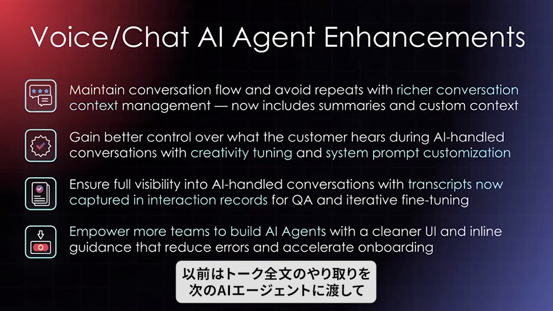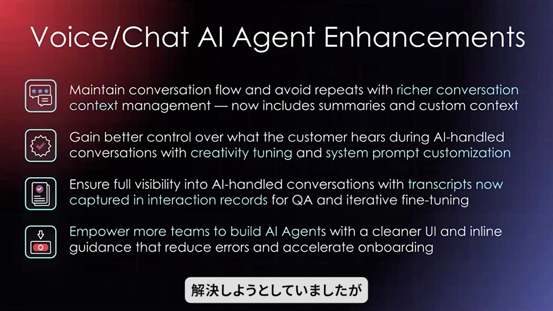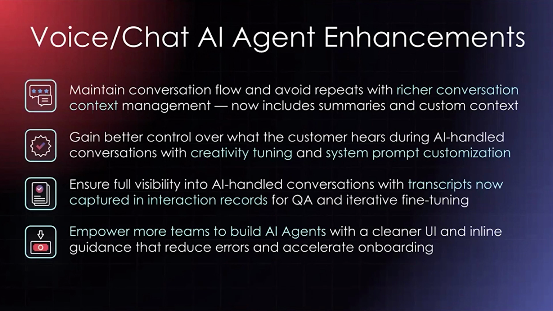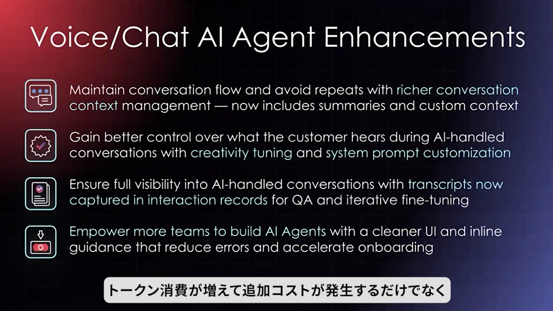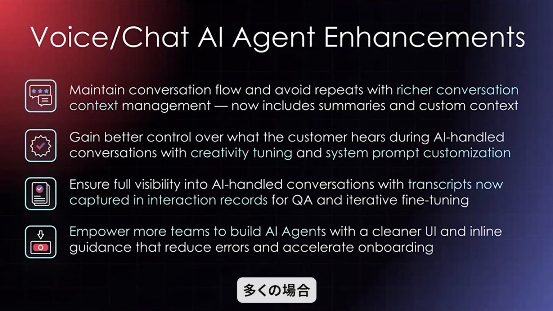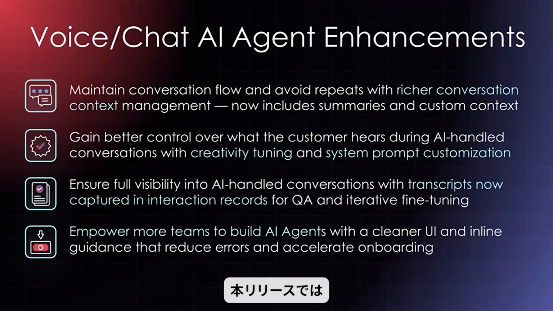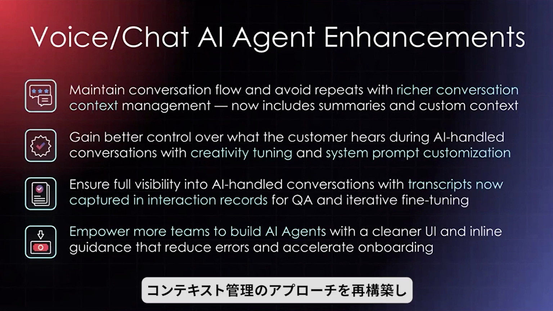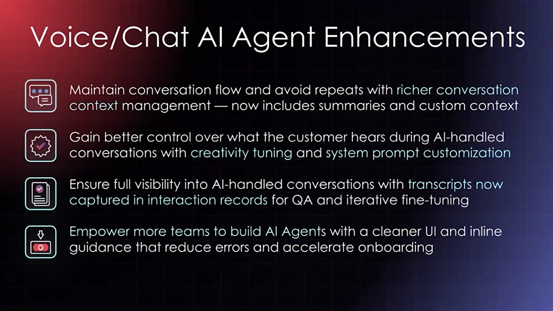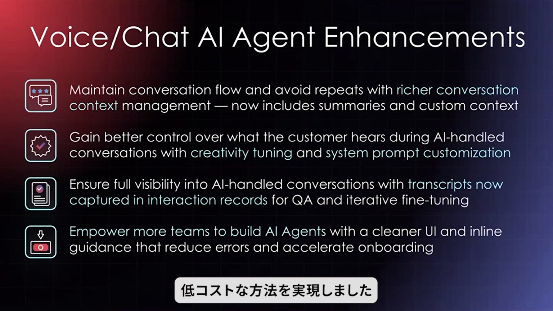Before, we tried to solve this by passing full interaction transcripts from one AI agent to another, which not only added extra charges for token consumption, but more often than not led to outcomes being prematurely triggered by previous customer utterances. With this release, we reimagined our approach to context management, making it smarter, more customizable, and less expensive.